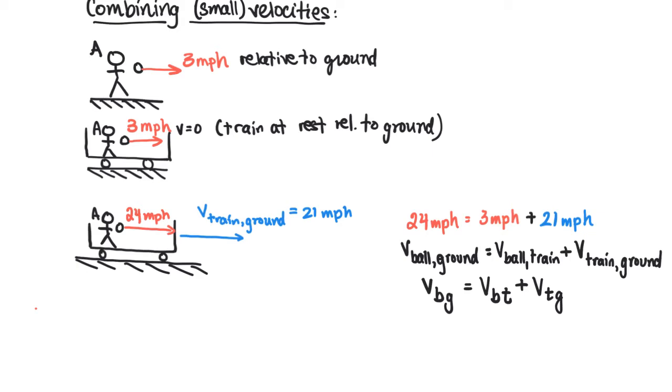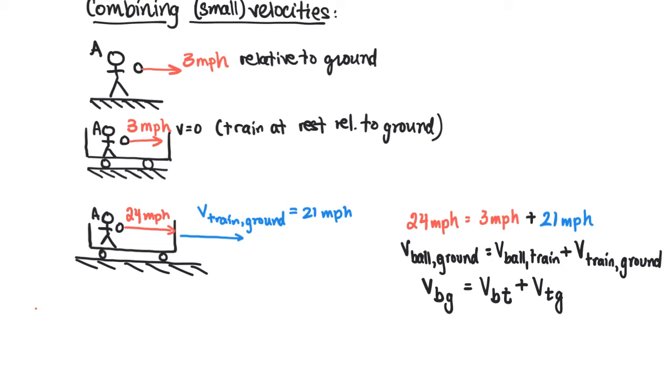It turns out that this way of combining velocities is correct at small velocities, but we'll soon see that there's a problem with this approach at high speeds, specifically speeds approaching that of the speed of light. Although in this example, we're talking about a ball and a train, this idea of how to combine small velocities works for any objects and any reference frames.